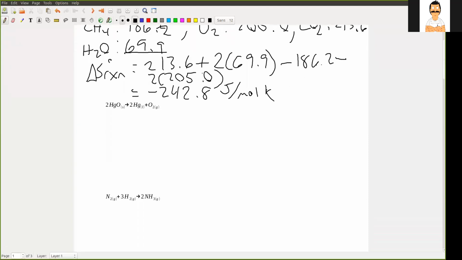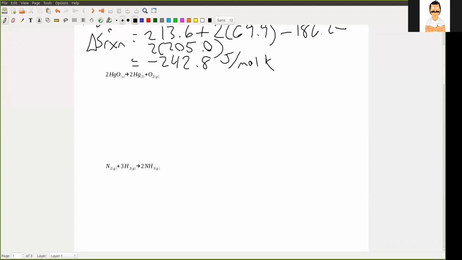Let's do another one. Mercury oxide yields mercury plus oxygen. So for HgO solid, we have 72.0.